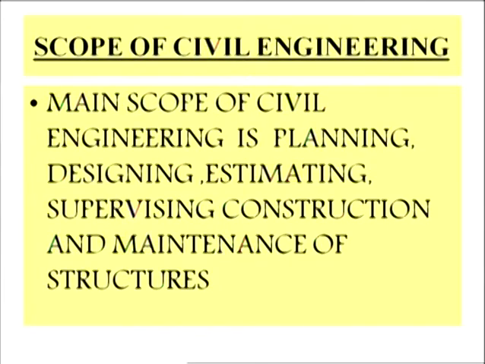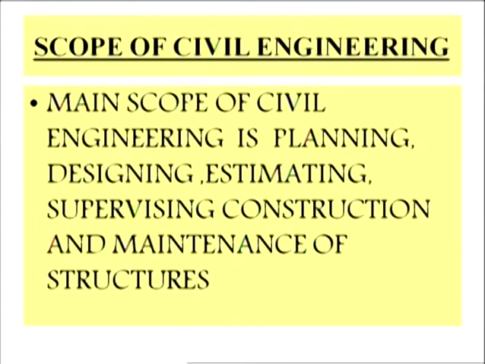Now, after seeing the different branches of civil engineering, we will see the different scope of civil engineering. As we have seen the different branches, we know that civil engineering is a very wide field and covers many different branches.